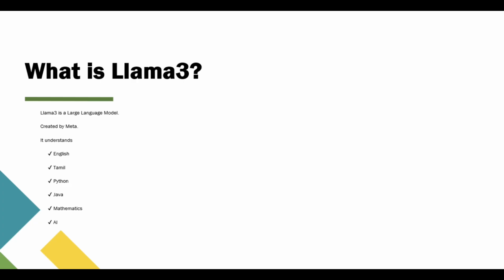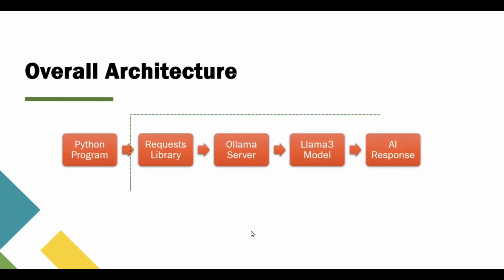If you are developing an application, you have to choose your model based on the requirement. AI models are used in banking, hospitals, education, software development, customer support, and in many places.